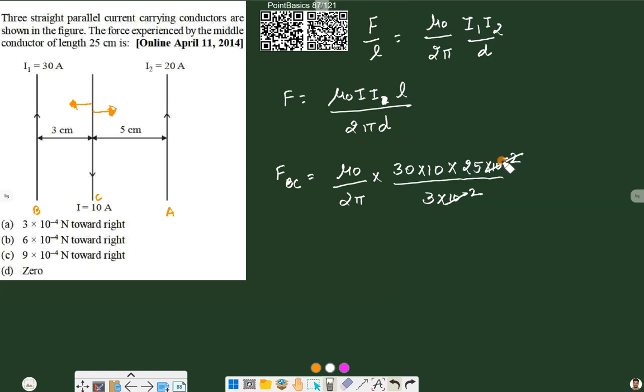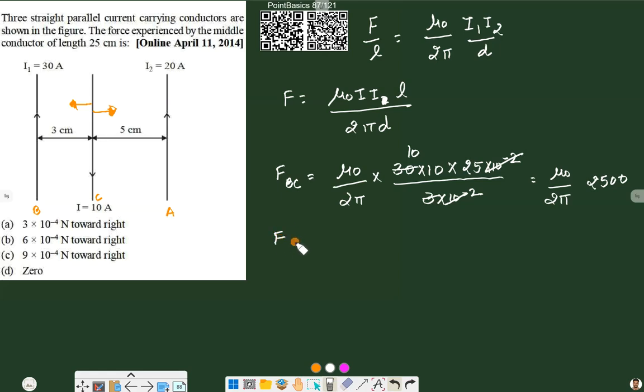So we will get mu naught by 2 pi into 2500. We will do further calculation after their vector sum.